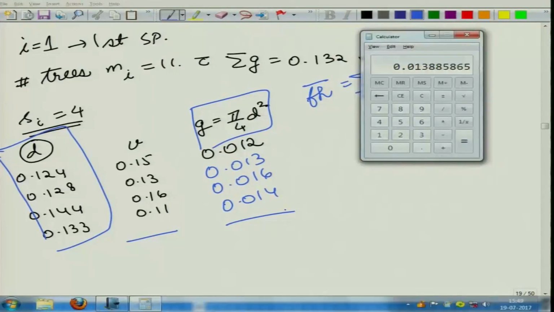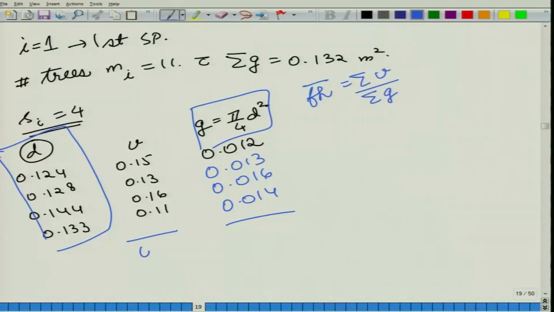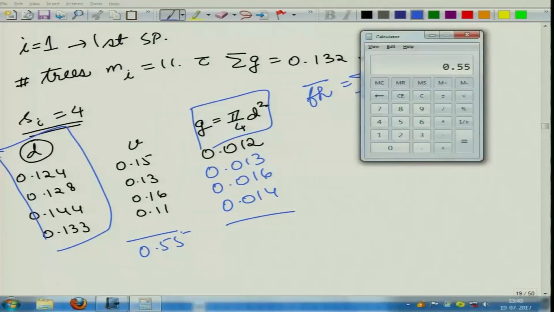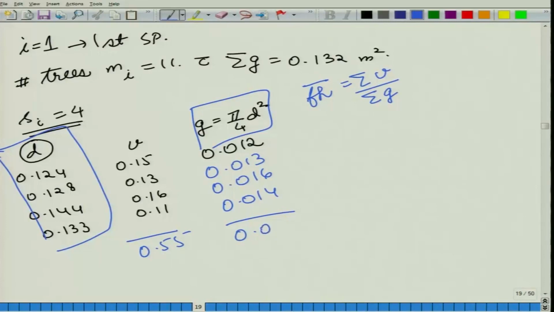For the volume, we have 0.15 plus 0.13 plus 0.16 plus 0.11, that is 0.55, and for the sum of the basal area we have 0.012 plus 0.013 plus 0.016 plus 0.014, that is 0.055. So, the form height for the first subsample plot will be 0.55 divided by 0.055, which is equal to 10.